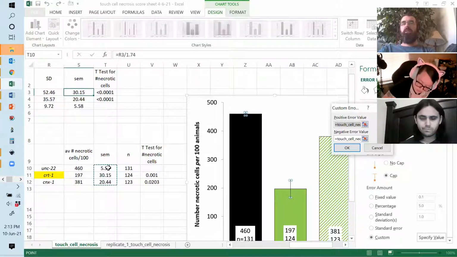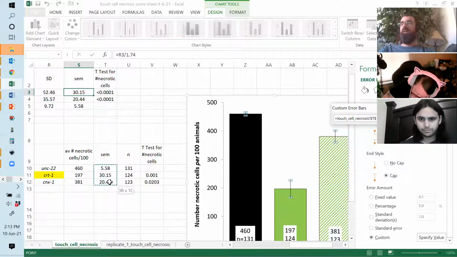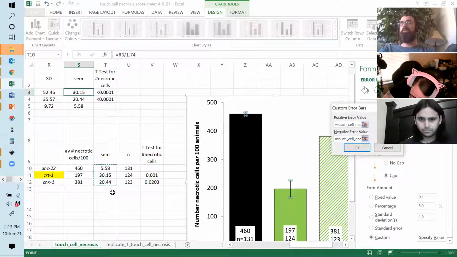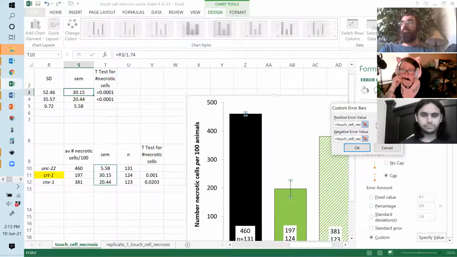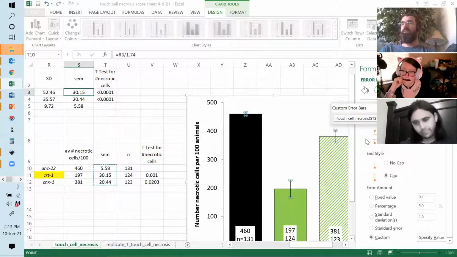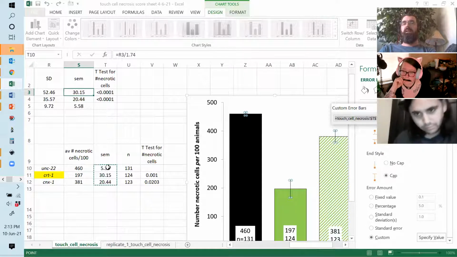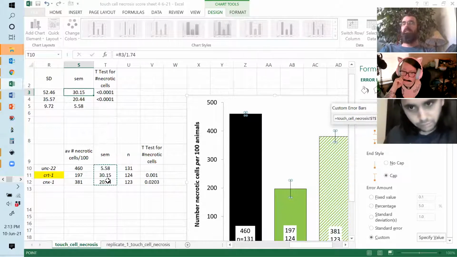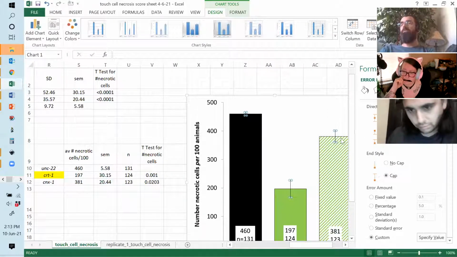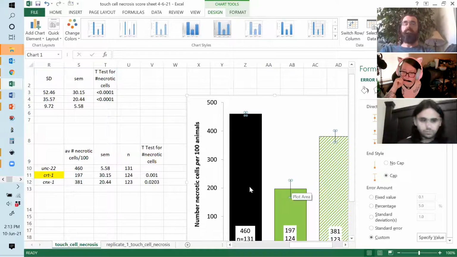But you just select the SEM, and as long as you have those in the same format as the things that you want to put in your graph, you're fine. And then you click on that, click on the next one, select that again, and then return, and you'll have your error bars.